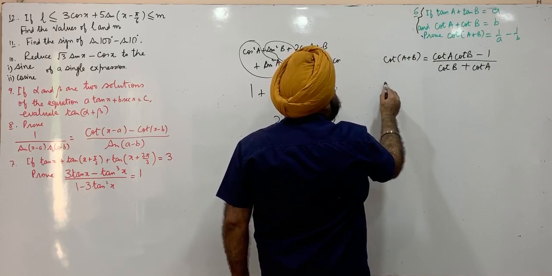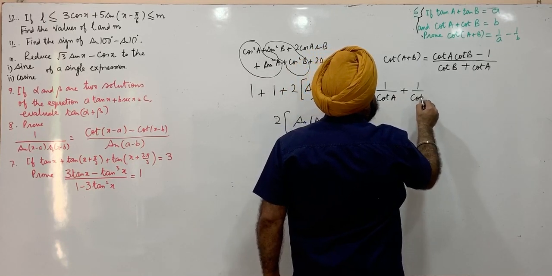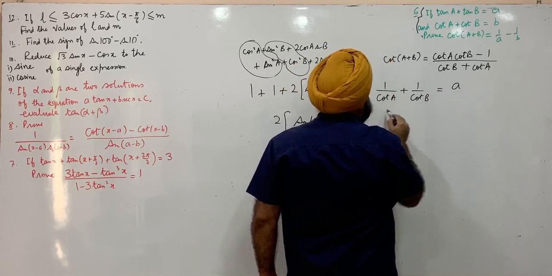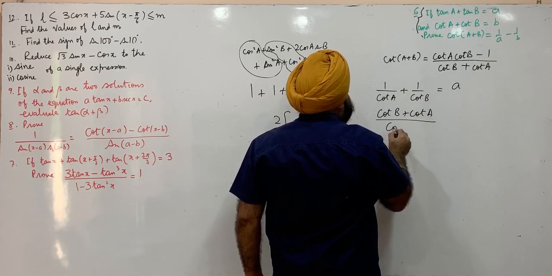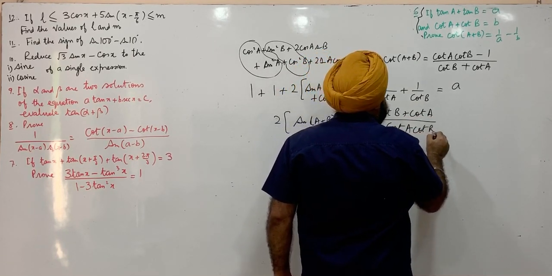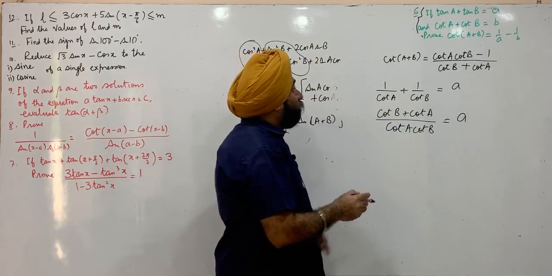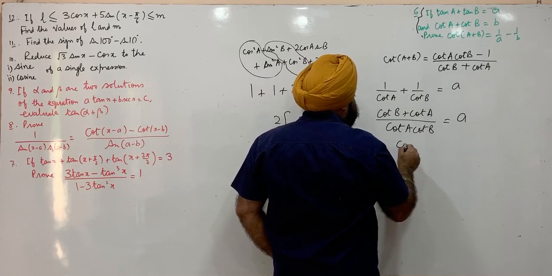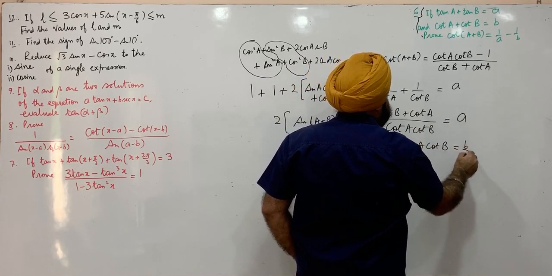The first one, changing tans to cots, 1 by cot A plus 1 by cot B is equal to a, that's cot B plus cot A upon cot A cot B is equal to a. Substituting the value of cot B plus cot A equal to b, we have cot A cot B equal to b by a.